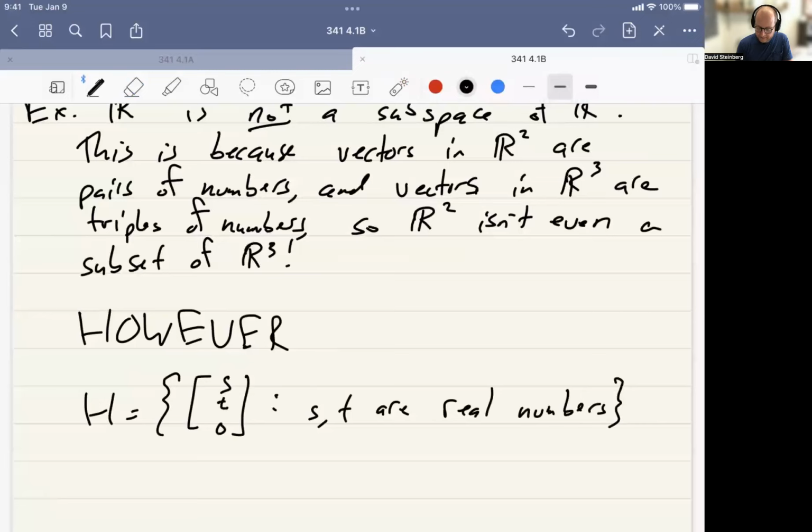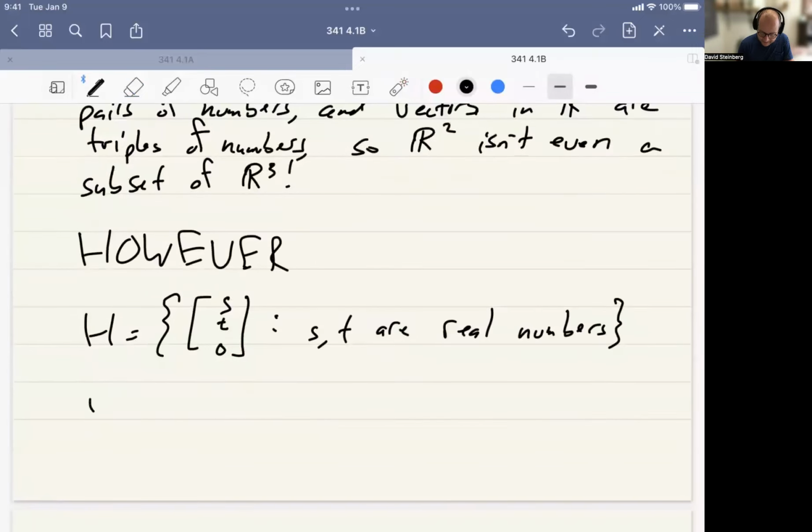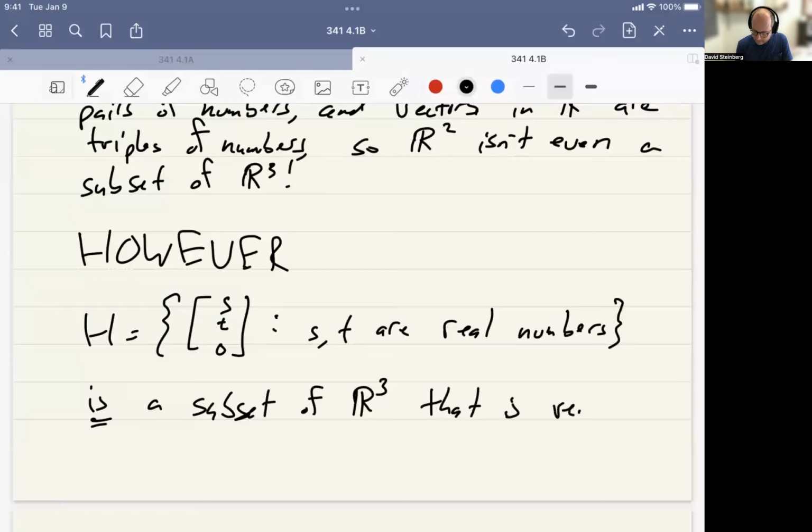We just conveniently forget about the third number. Yes, the set H is a subset of R3. That is very similar to R2, but not equal.